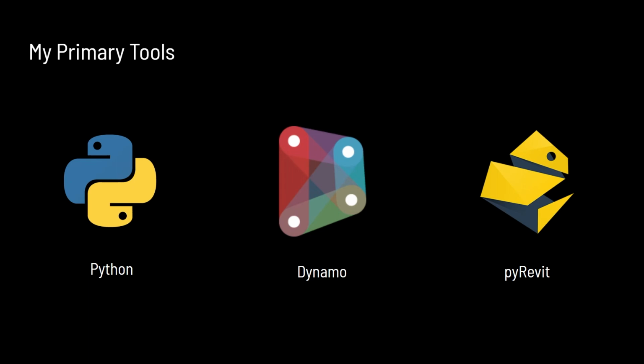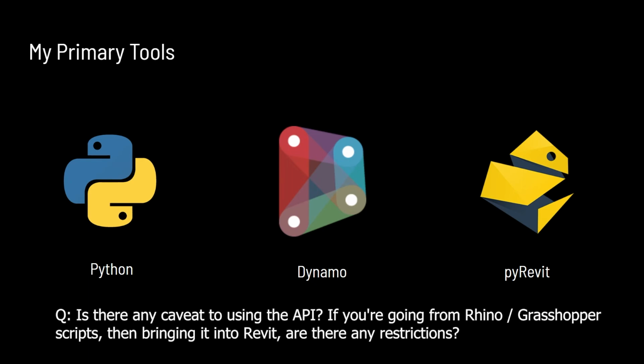But he used the API and then used someone else's Python interpreter, and built a whole ecosystem for it. So my second question is, is there any caveat to using an API? Let's say you're going from Rhino and putting some Grasshopper scripts in there, and then bringing it into Revit, are there any restrictions that you run into?